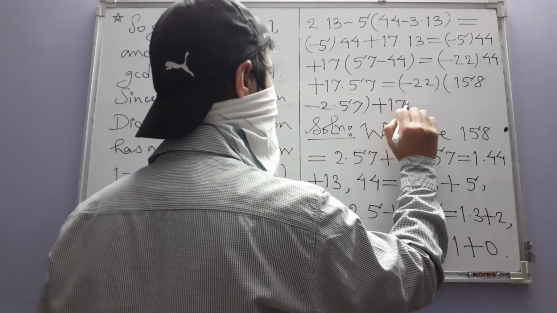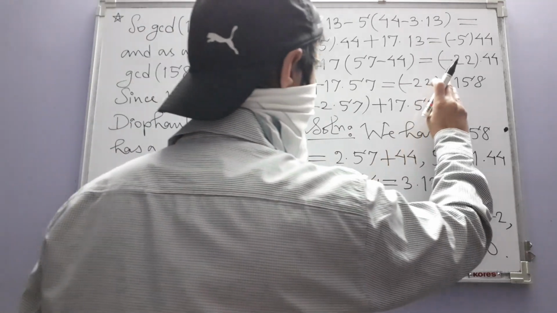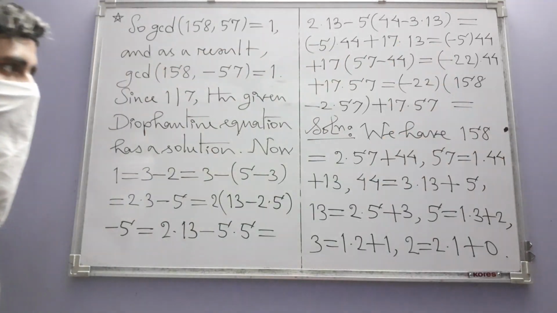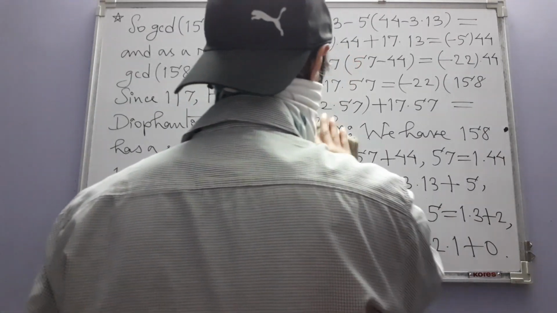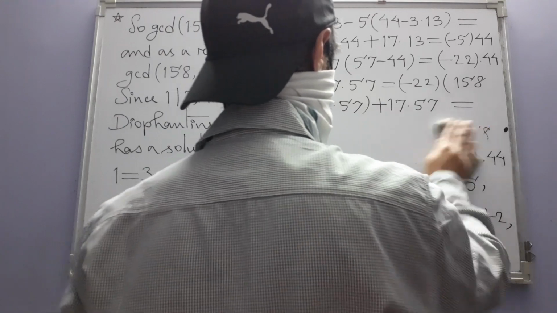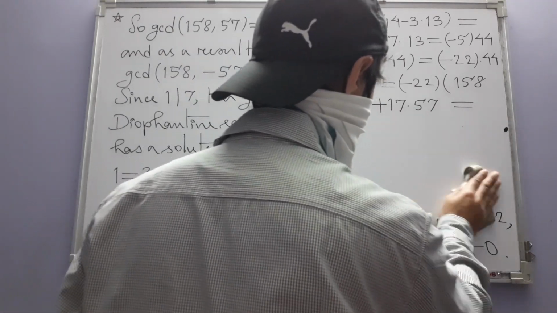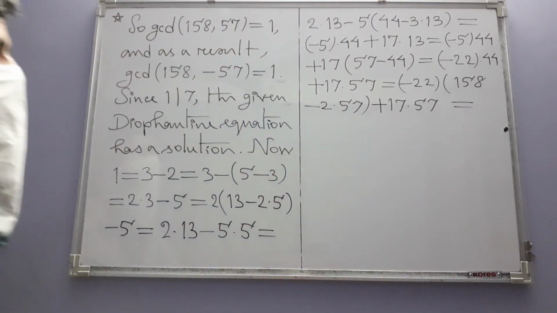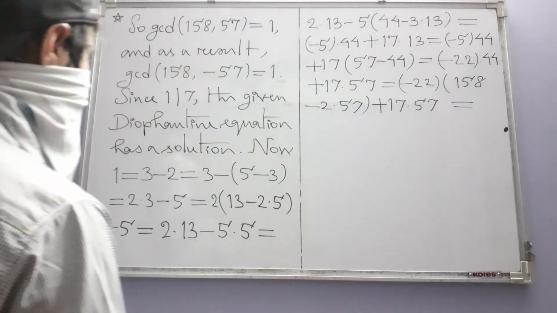Plus 17 times 17 times 57. Okay, so now these are not needed. So this gives us what finally?